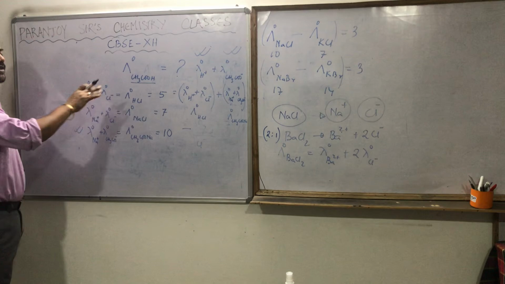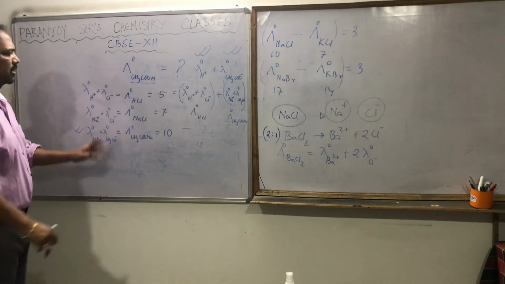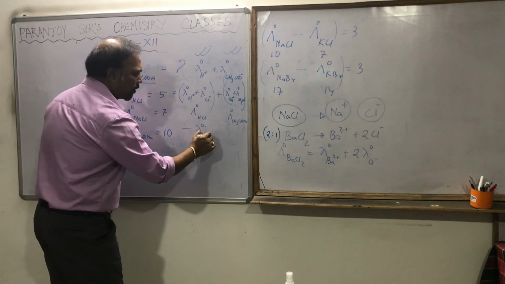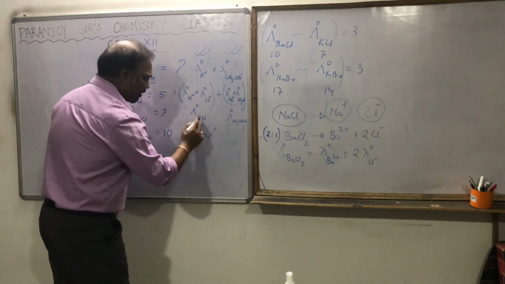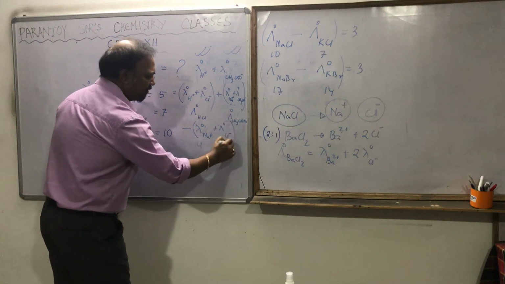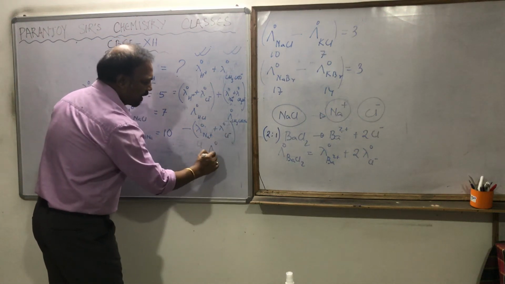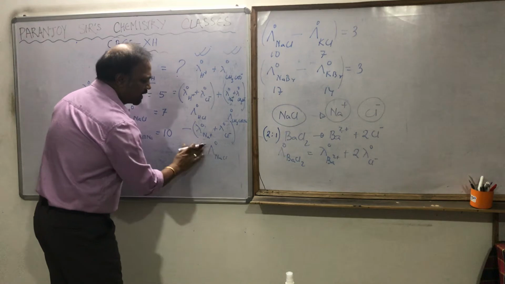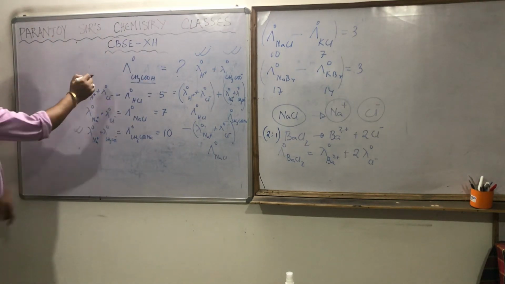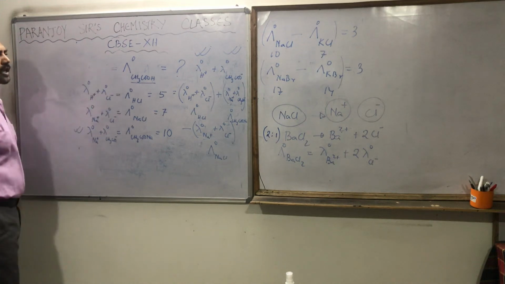Now Na positive and Cl negative have to be subtracted. So can I write minus lambda 0 for Na positive plus, obviously in a bracket, lambda 0 for Cl negative, and that is nothing but lambda 0 for NaCl. Can I write this? So what is lambda 0 for CH3COOH actually?